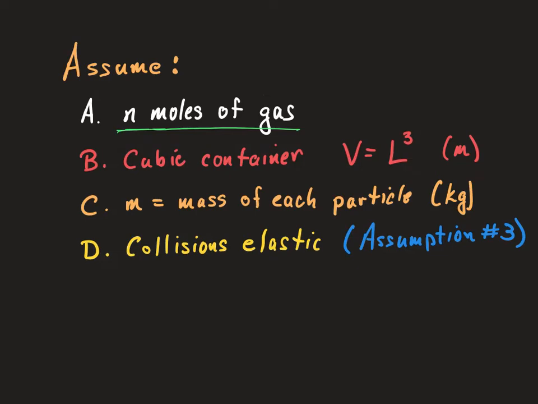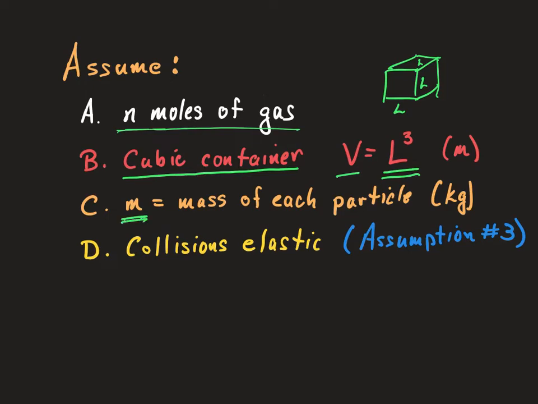We're going to be working in a cubic container whose each side has a length L. So the volume is equal to L cubed, right? If we've got our cubic container, this side is L, this side is L, and the depth is L. So length times width times height gives us L cubed, right? We've done this before.